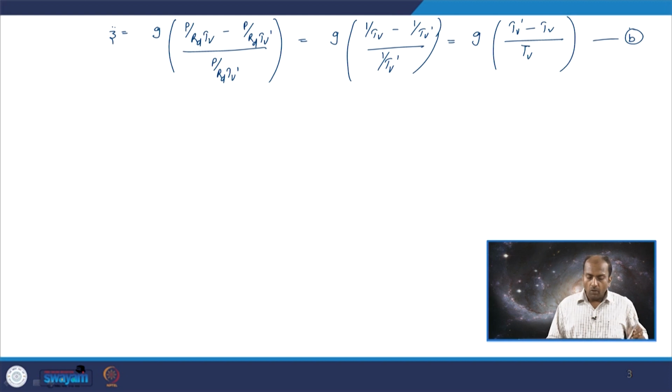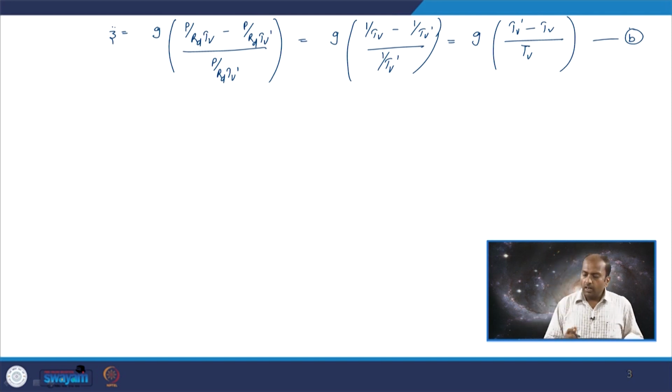Earlier we had the equation written in terms of the densities of the air parcel and the environment, and we have now transformed that expression into one involving the double derivative of the position of the air parcel and the temperatures of the air parcel and the environment.